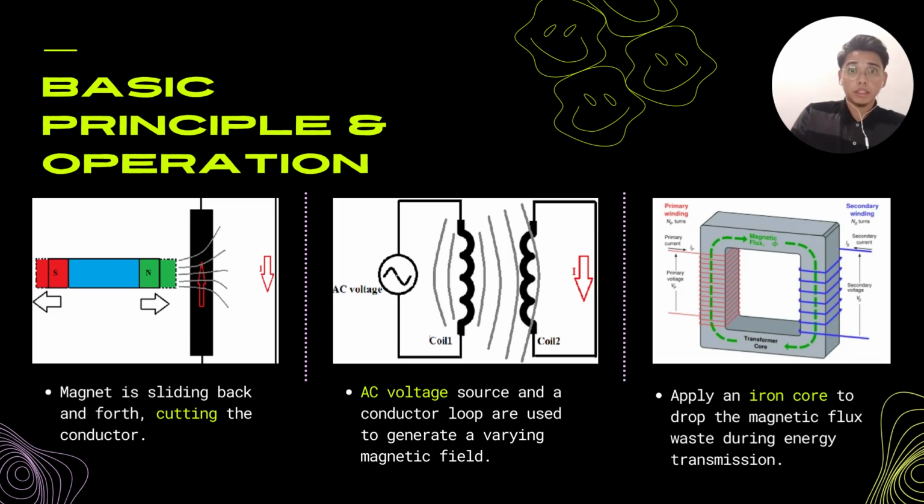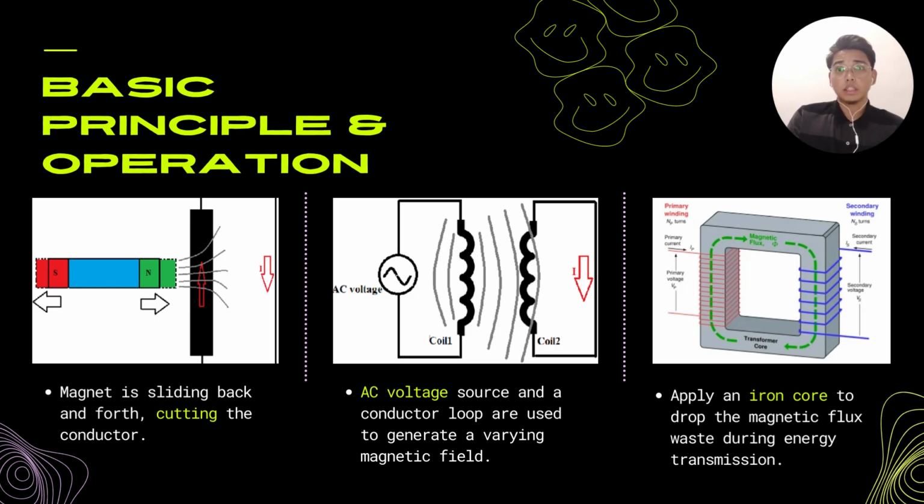For a more practical application of Faraday's law, we can use a coil on both sides. Now, an alternating voltage source and a conductor are used to produce a varying magnetic field. After the loop is brought close to the magnetic field range, an EMF generated through the conductor can be seen.